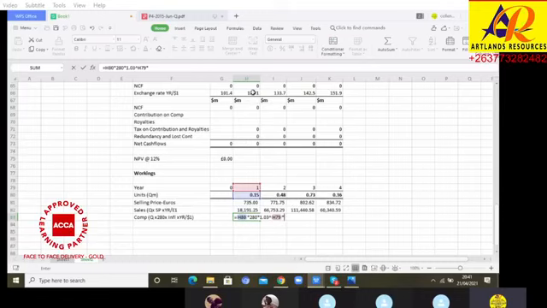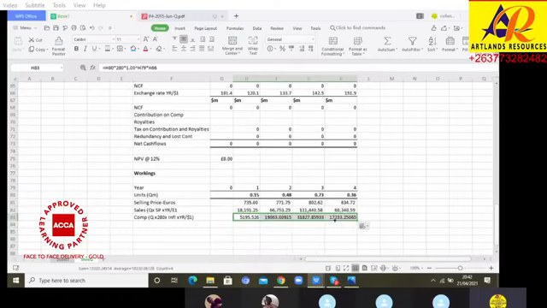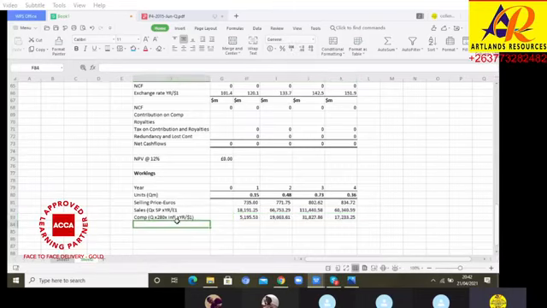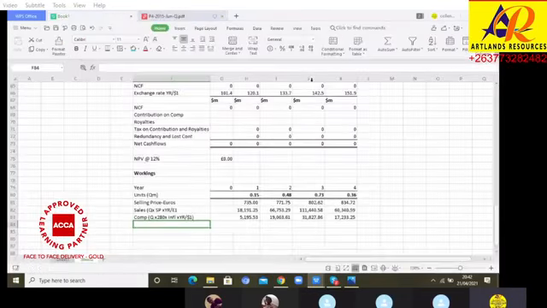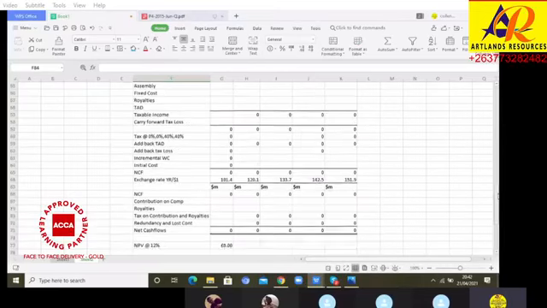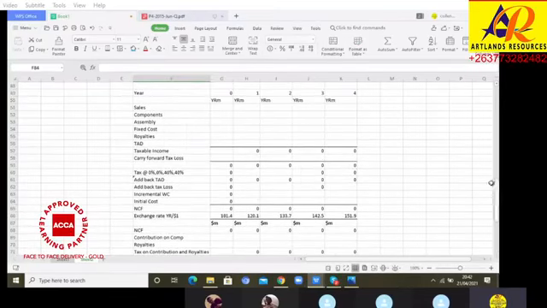We already have it at the top there. Enter. Then I just drag. I have my figures. That's the beauty of Excel. You fly with your workings, and my workings are following what I have here.